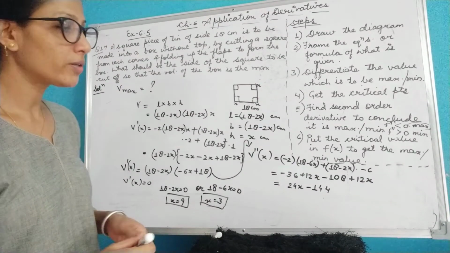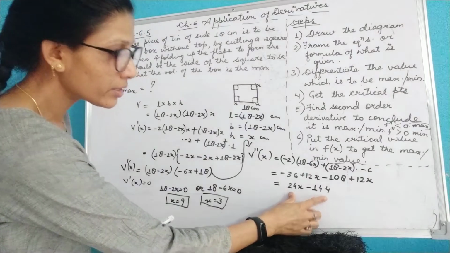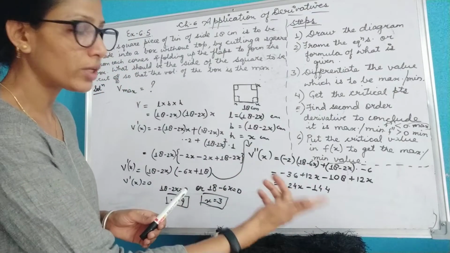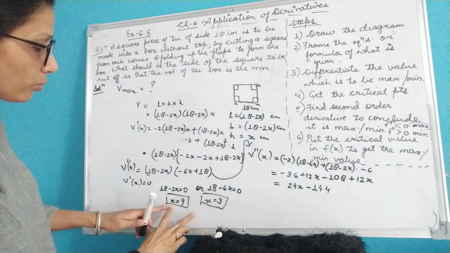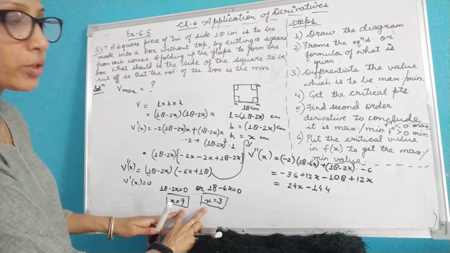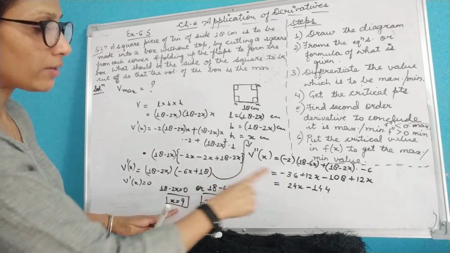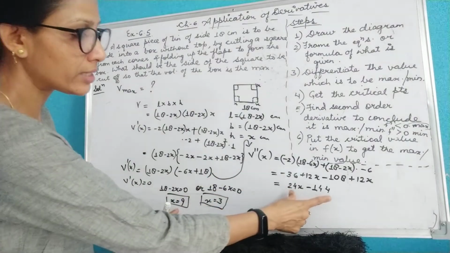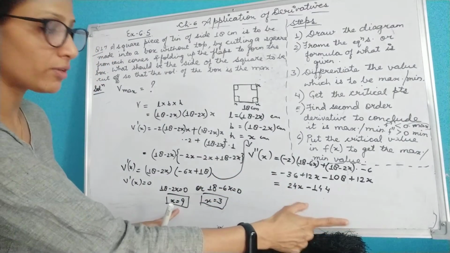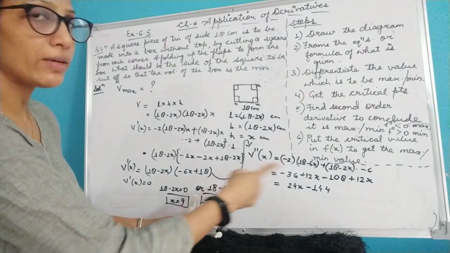Now you see children, I am not getting this value as positive or negative. So what I need to do, here I have got two critical points and I need to maximize the value. So once I put x equal to 9, I'll see whether this is giving me a positive value or a negative value, then I will put 3.